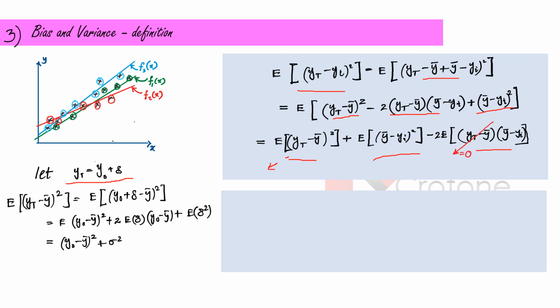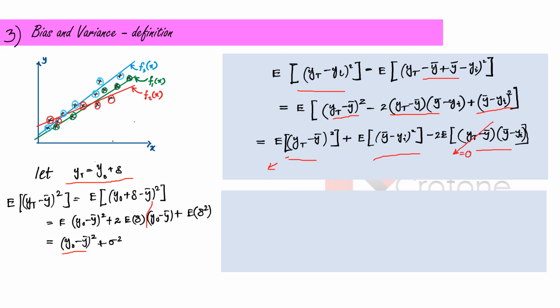If we substitute this into our first term here, we get the expected value of (y observation minus y bar) squared plus 2 times the expected value of delta times (y0 minus y bar) plus the expected value of delta squared. Here the observation y0 and the average of the functions y bar are constants. So the expectation of a constant becomes that constant itself.